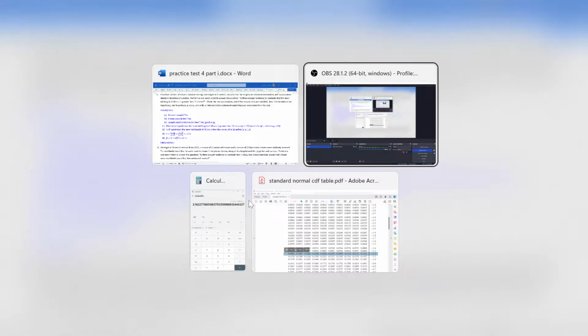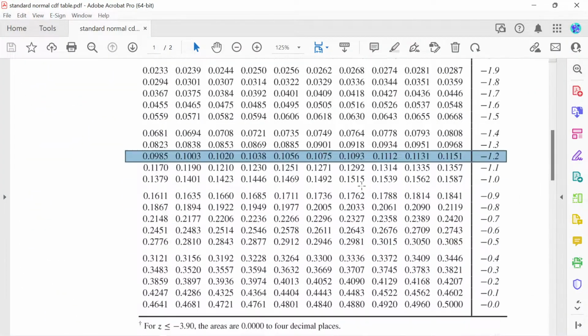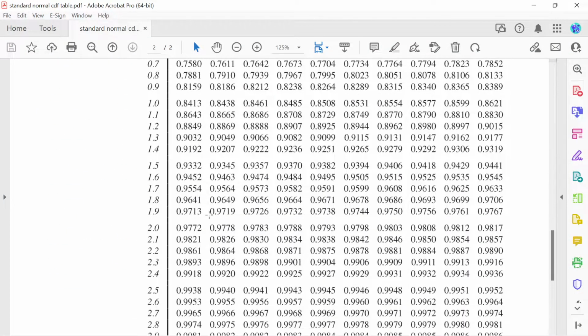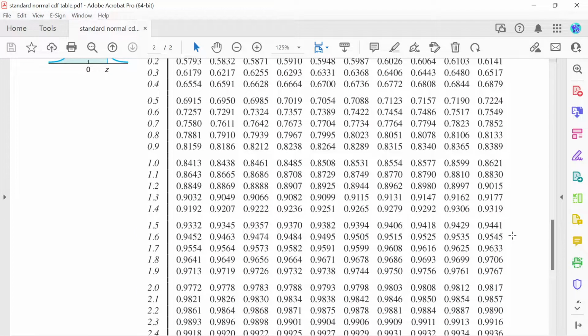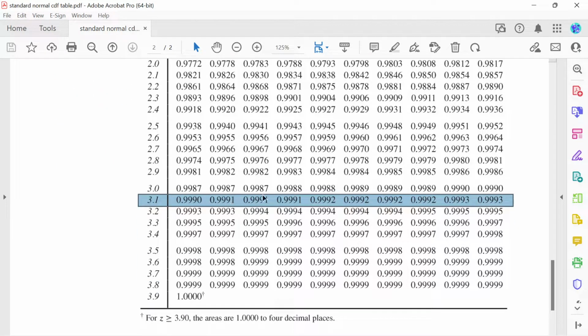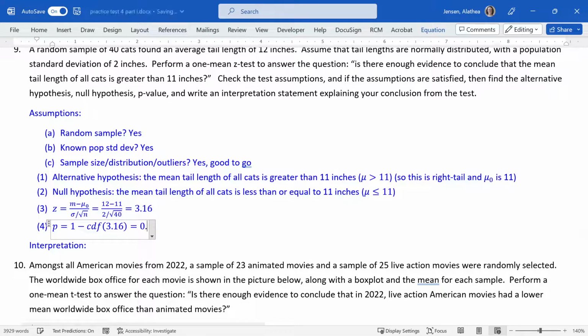All right, and let me look at my table. So 3.16 is going to be 3.1. Okay, so here's 3.1, and then 6 is going to be, all right, so it goes 0, 1, 2, 3, 4, 5, 6. So it's going to be this one, 0.9992.